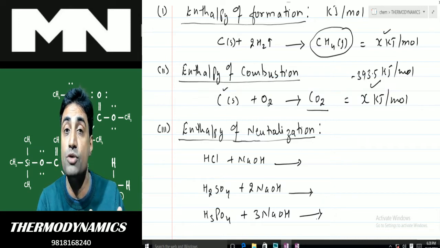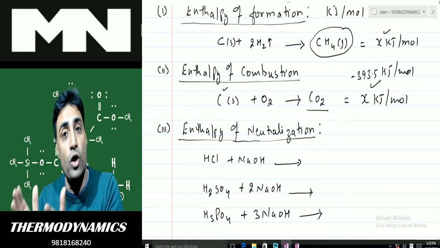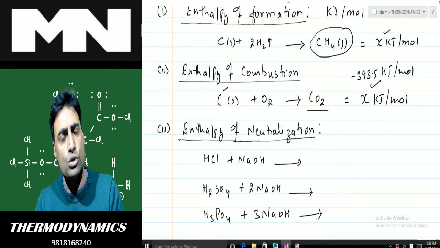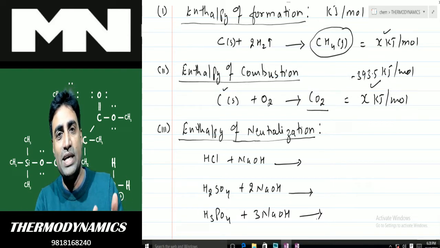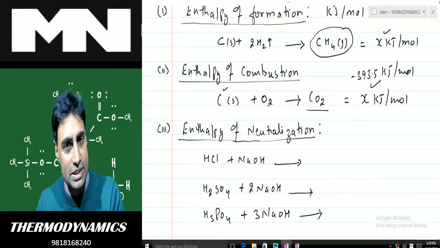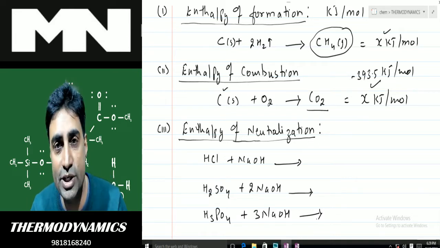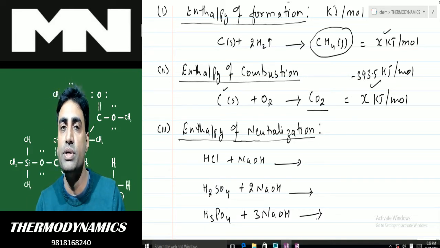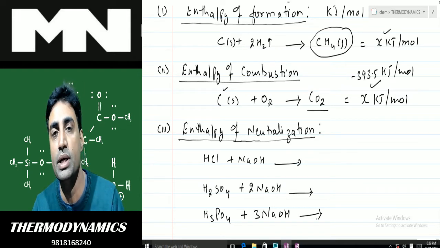So 49 grams of H2SO4 is neutralized by 40 grams of NaOH. So this is for sure: the equivalent mass of an acid is neutralized by the equivalent mass of a base. So in its definition, we do not use moles. We use the number of gram equivalents or equivalent mass.